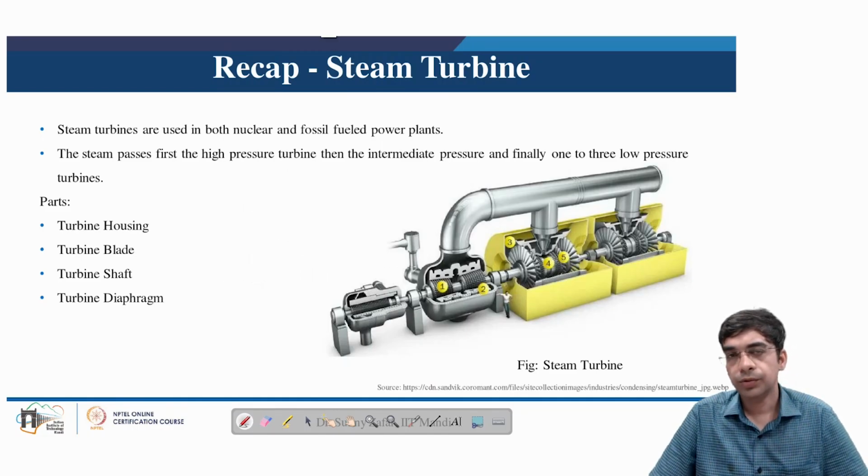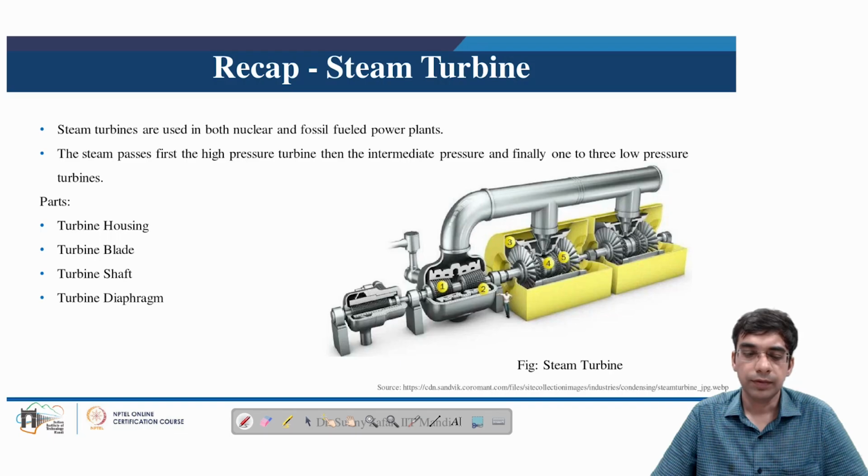Before we go into discussing the details on deformation and machining processes for steam turbine, we will take a quick recap on steam turbine. Steam turbines are used in both nuclear as well as fossil fuel based power plants to generate electricity.